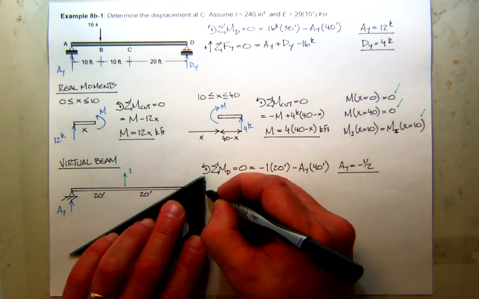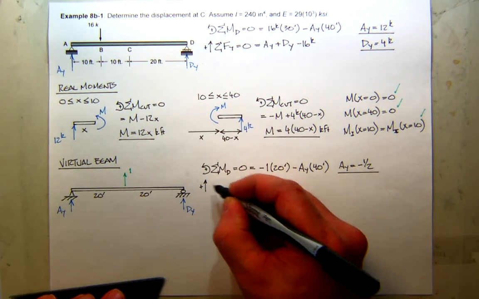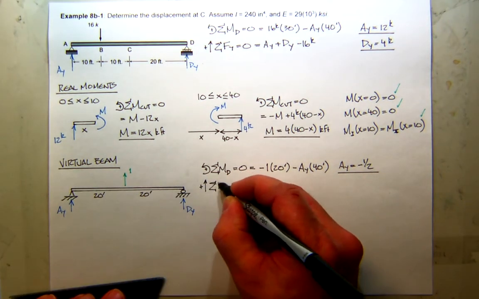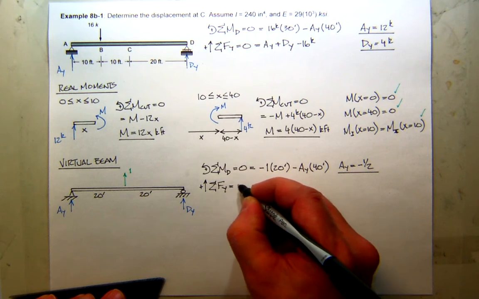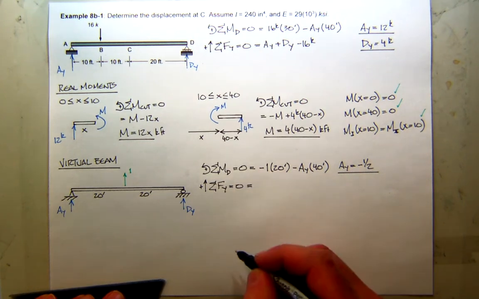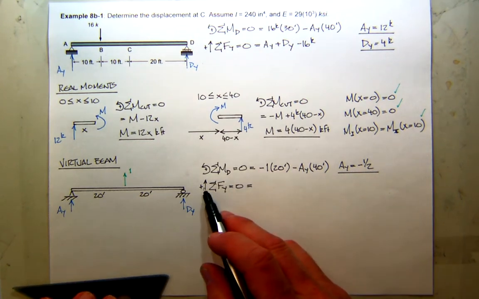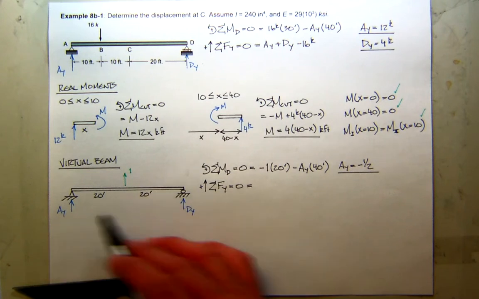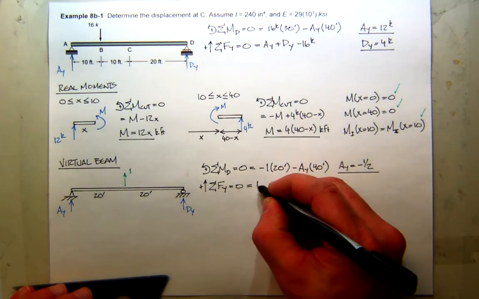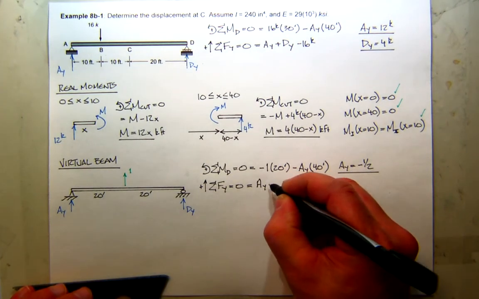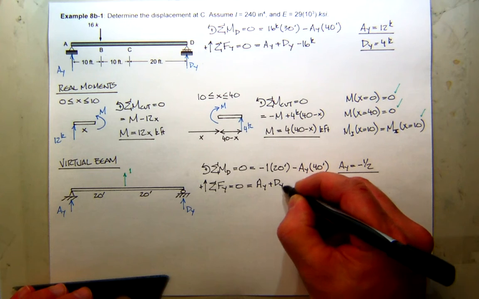That seems reasonable. And then we'll go ahead and quickly sum forces in the y direction, make sure that's in equilibrium. I've chosen to use up as my sign convention, so both AY and DY act up. And my load is also up.